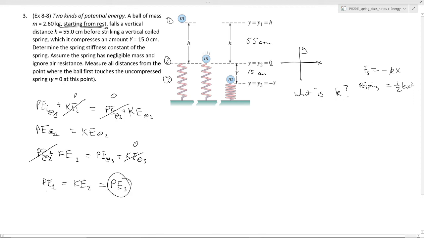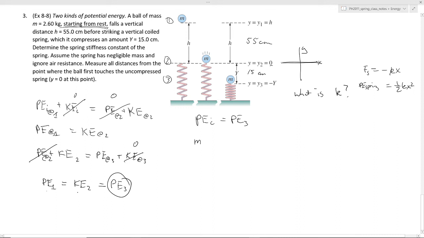So we don't actually have to calculate the intermediate velocity. So let's table that issue and come back to that, and just connect the initial potential energy to the potential energy at 3. Now, what makes this question a little more complicated is the fact that we have two different kinds of potential energy. So initially, we just have the one.